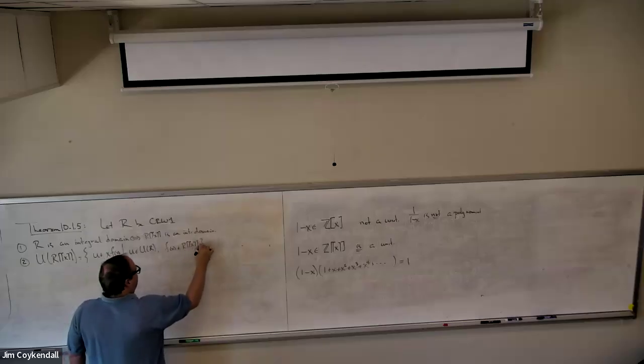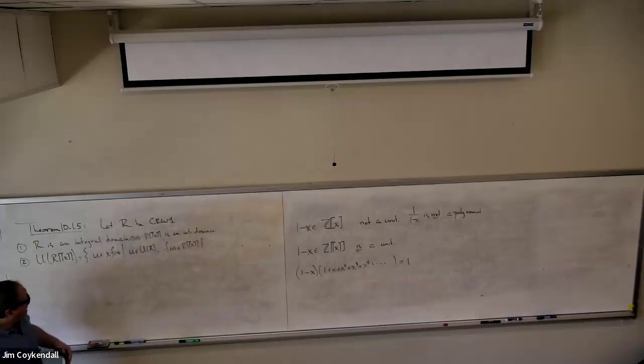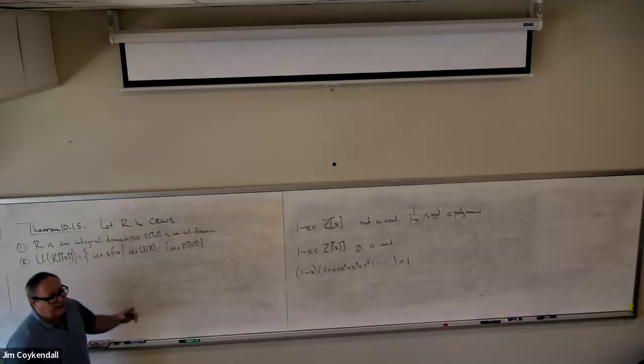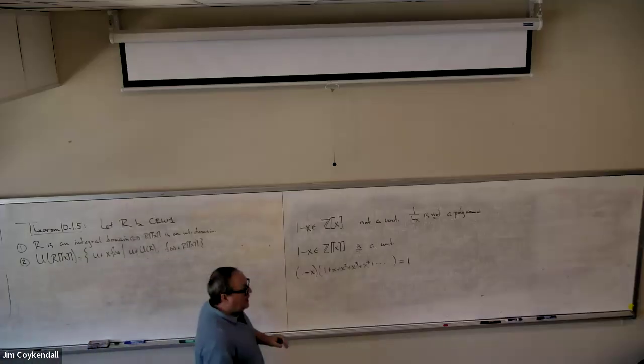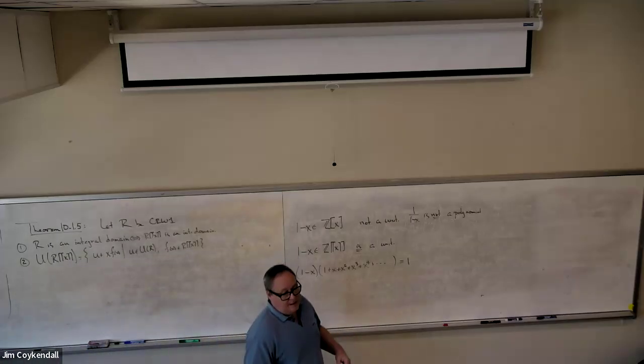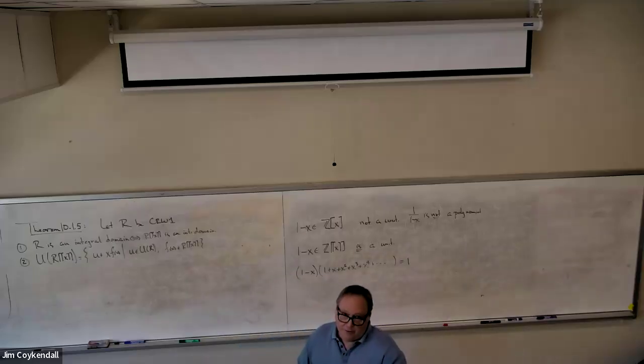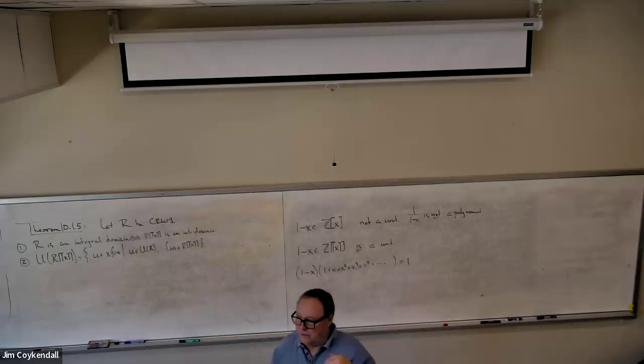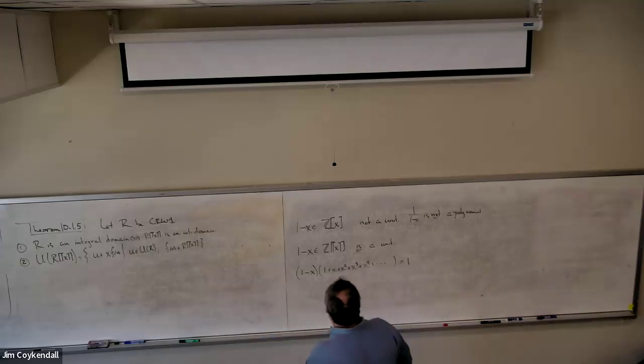So in other words, let me reinterpret this for you. How can you tell if some power series is a unit? If its constant term is a unit, game over, man. It's a unit. And that's an if and only if. If its constant term is a unit, it's a unit. If its constant term is not a unit, it's not a unit, and vice versa, right?